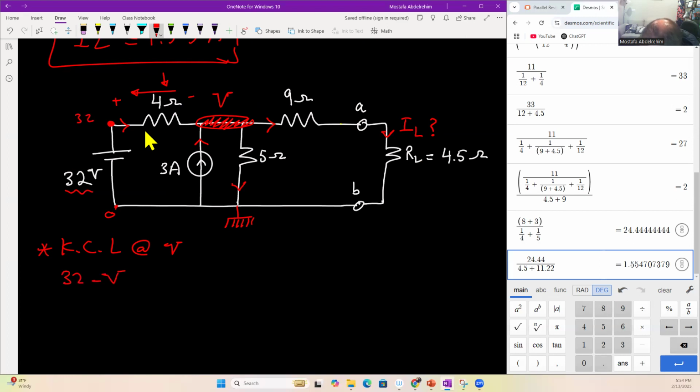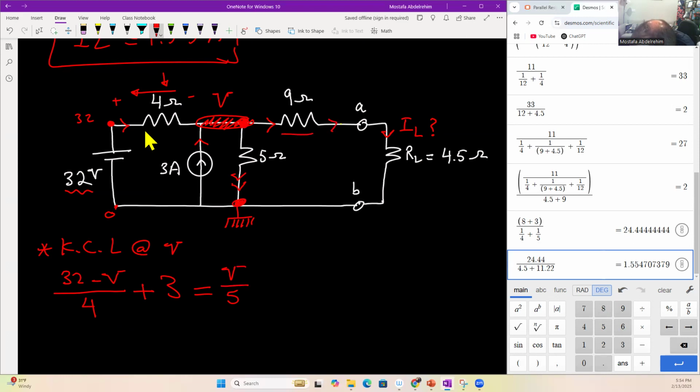32 minus V, that's the voltage across the 4 ohm resistor, divided by the resistance gives you the current in the resistor. This is going into the node, so I'm going to add the 3 amperes because it's also going in, and what is going out is this current, which is V minus 0 over 5. So V over 5. And what is this current, which is IL?